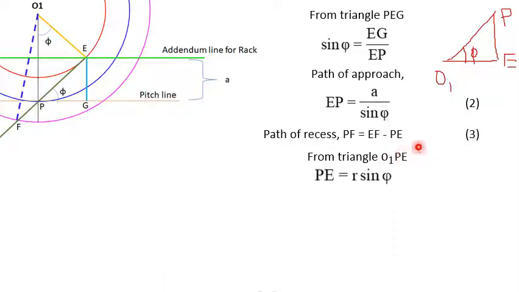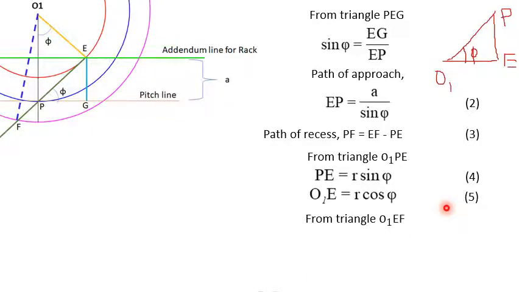PE can be written as, this is the opposite side and it has the radius small r, so r into sine phi. Call this equation number 4. Next, I will find O1E, which I need for the further step. This is the adjacent side, therefore r into cos phi. Call this equation number 5.